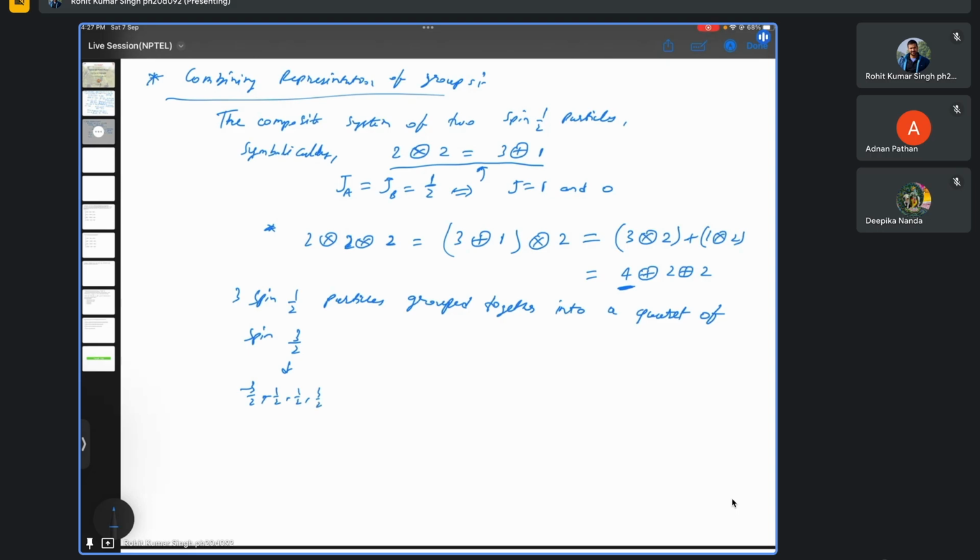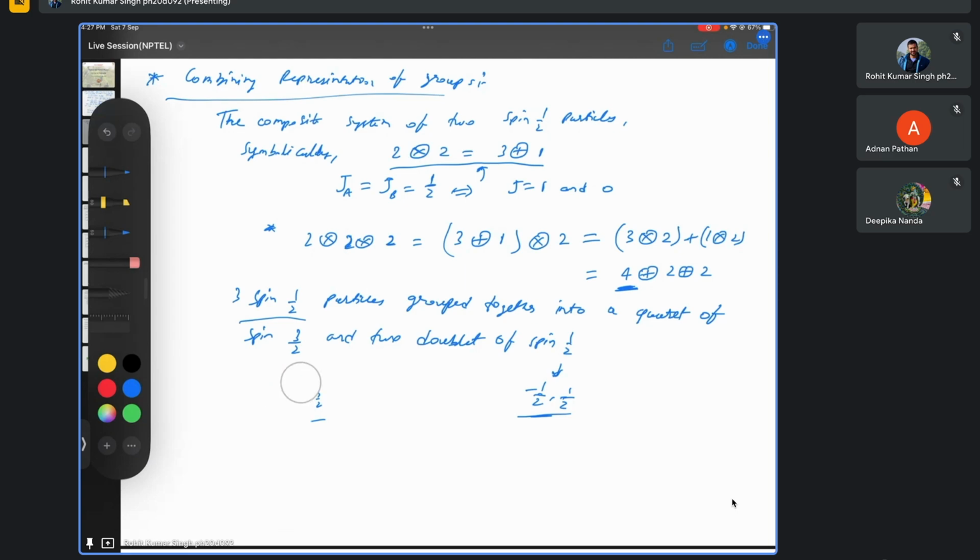Only then can you get a quartet. So to get a quartet you must have spin 3 half, and then 2 doublets of spin half. For spin half you will have minus half and half. So this is a doublet, okay. So 3 spin half particles can be grouped together like this.